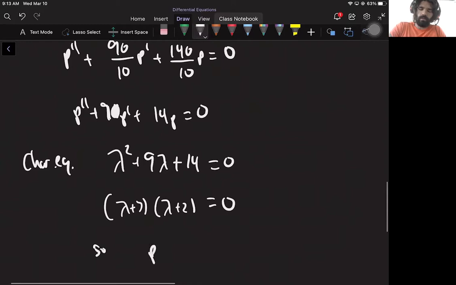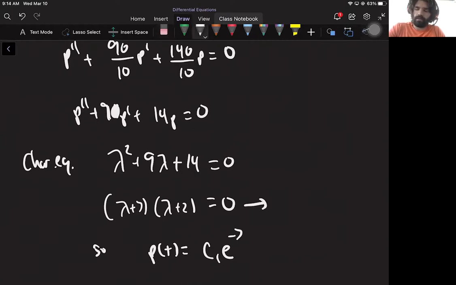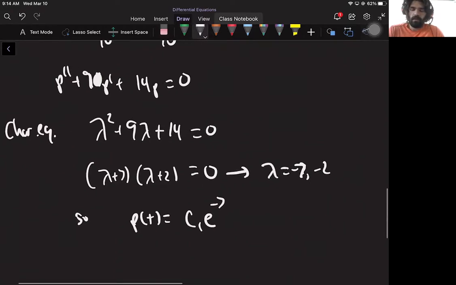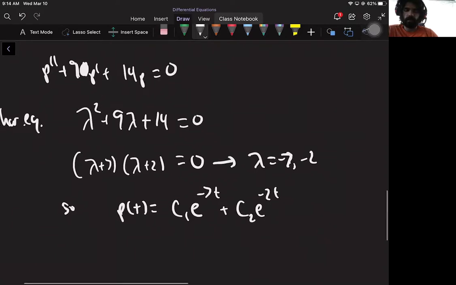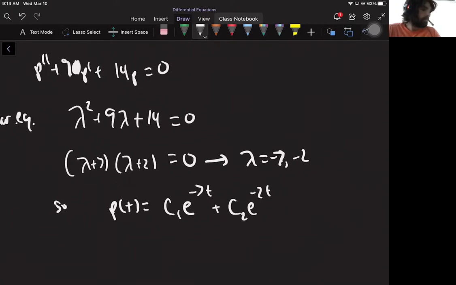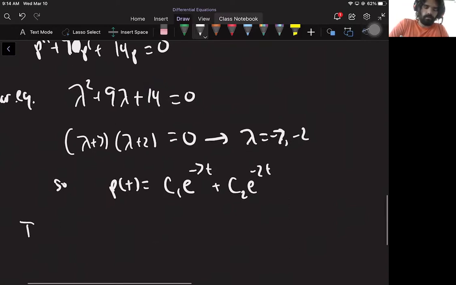So that means lambda equals negative 7 and negative 2 are the solutions to the characteristic equation. So the equation of motion is C1 e to the negative 7t plus C2 e to the negative 2t, which gives us our position function. This is why you shouldn't skip steps. Great.